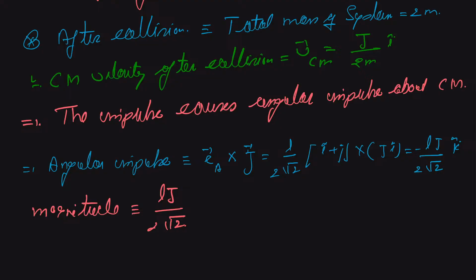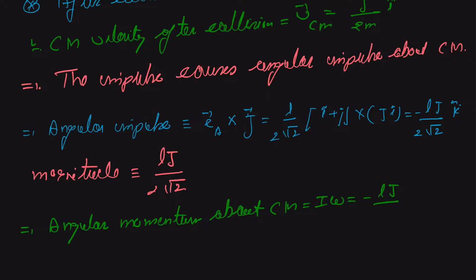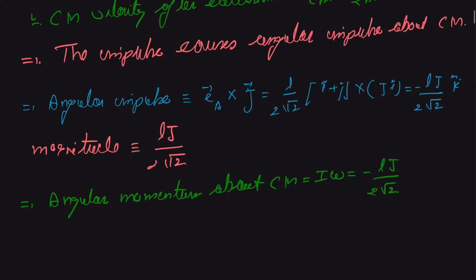Therefore, we can also say that the angular momentum about the center of mass is nothing but I multiplied by omega. So the angular momentum about the center of mass, I times omega, will be equal to minus LJ over 2 root 2. From here we can find omega. So omega will be equal to minus LJ over 2 root 2 times I, where I is our moment of inertia, which we have already calculated.